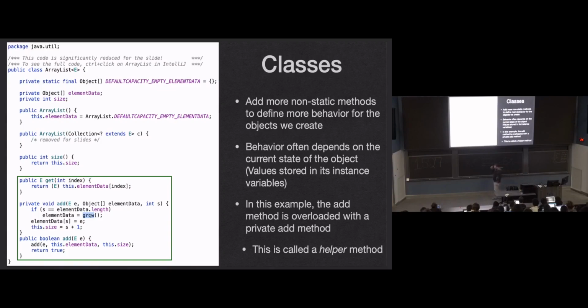It will actually create a new array of double the size, copy all the values over, and delete the old array, and then use the new array. So it's giving you the illusion that you have an array that can adjust its size by having some extra functionality built in to the ArrayList. And then to us, we just call add and don't think about it, which is nice. I don't want to have to think about that. But internally, this code is doing quite a bit of work for us.